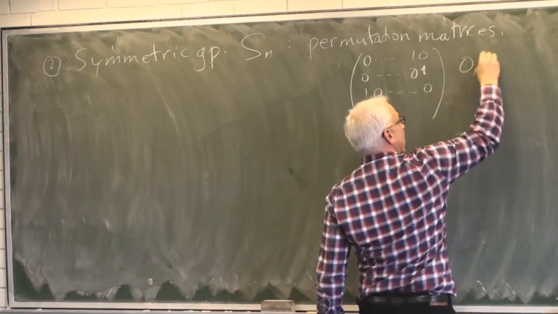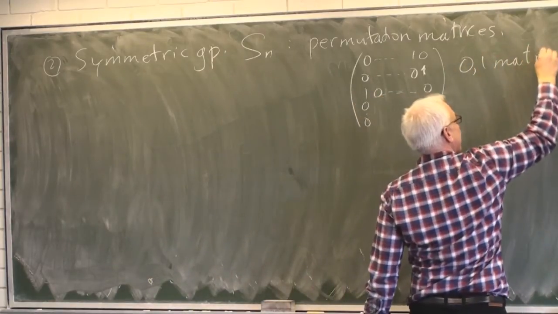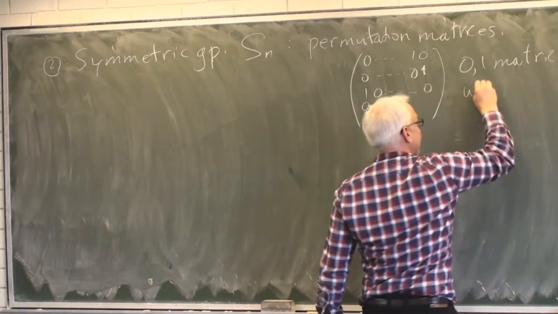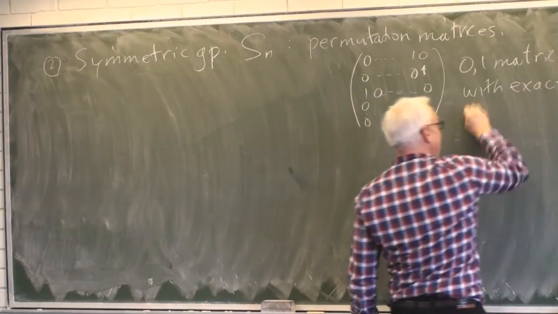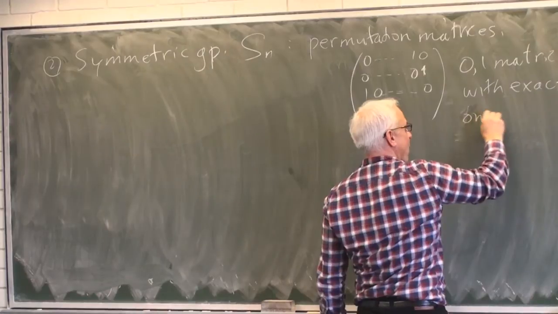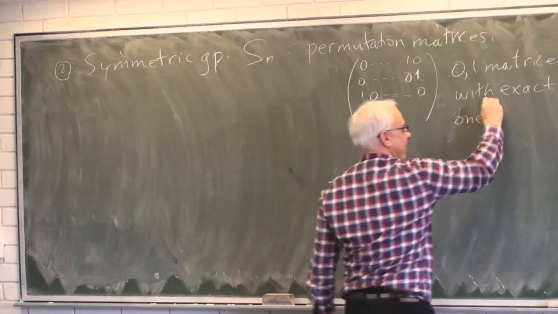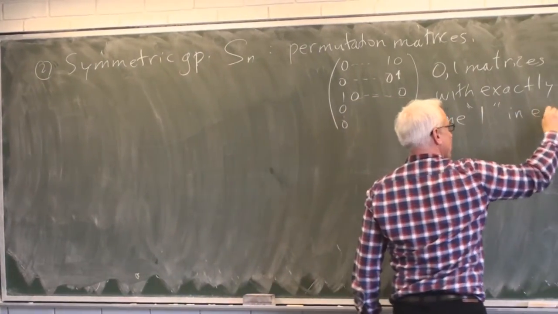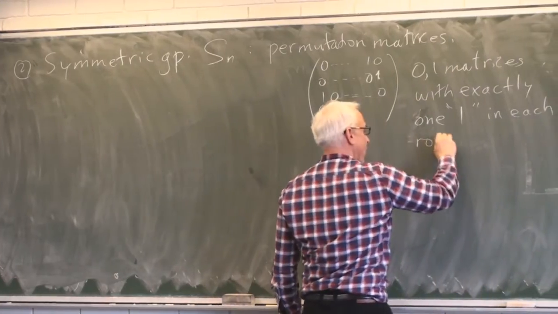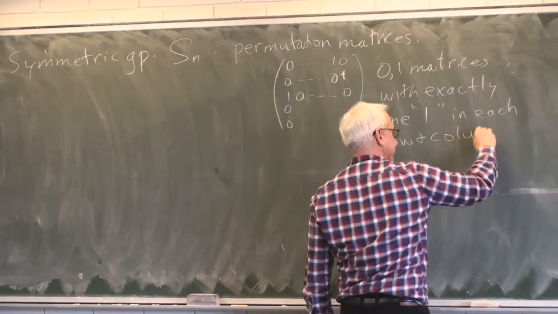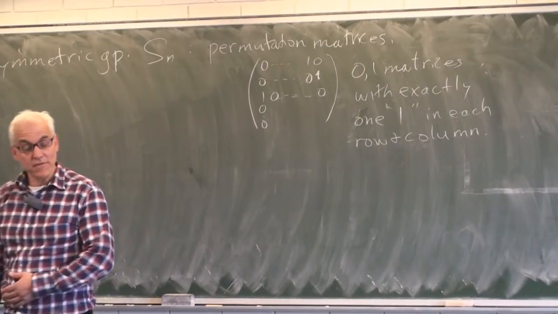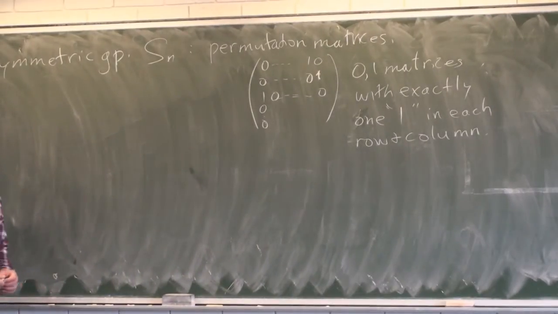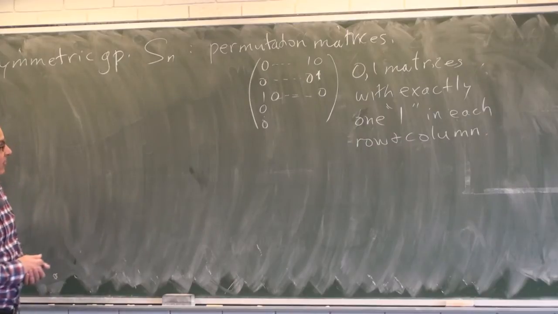Okay, so these are 0, 1 matrices with exactly one 1 in each row and column. That's one way of thinking about what the permutation matrices are, one way of thinking about what the symmetric group is.